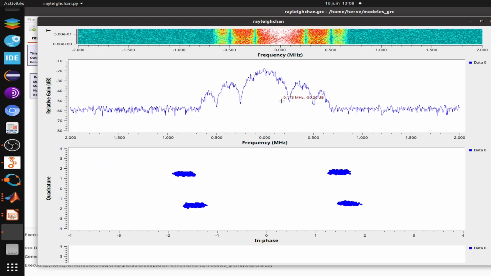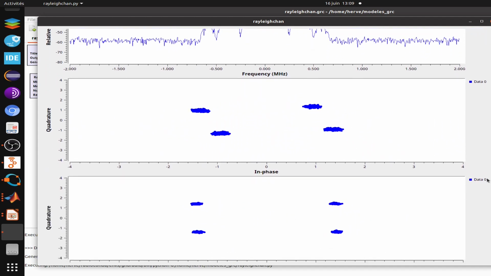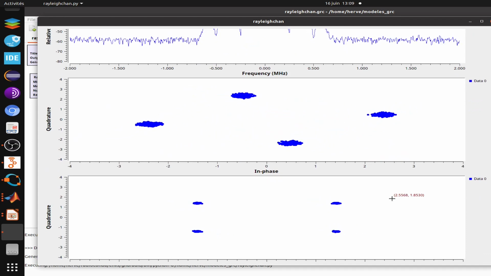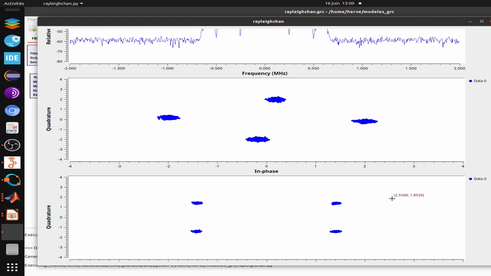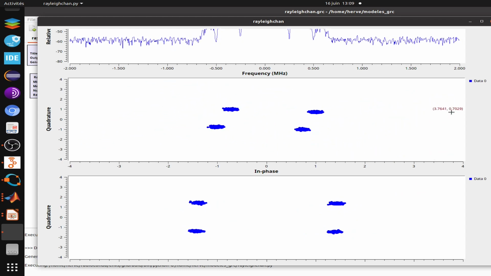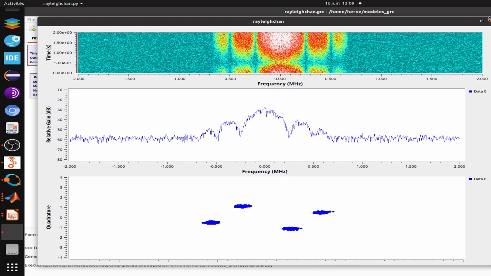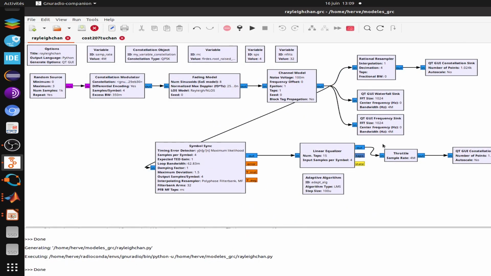There's no frequency selectivity in this spectrum. And if you look at the last constellation, I've just implemented a small equalizer that estimates the phase rotation so that I can recover correctly my data. So that's a Rayleigh channel without frequency selectivity.